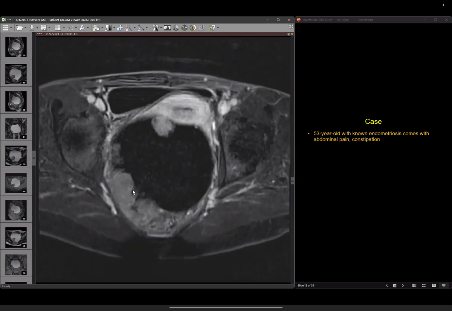Yeah, you would ask me, what is the enhancement compared to the myometrium? If I tell you it is somewhat similar to the myometrium, so it's a type 3 curve, and so you're right, this is an O-RADS 5.